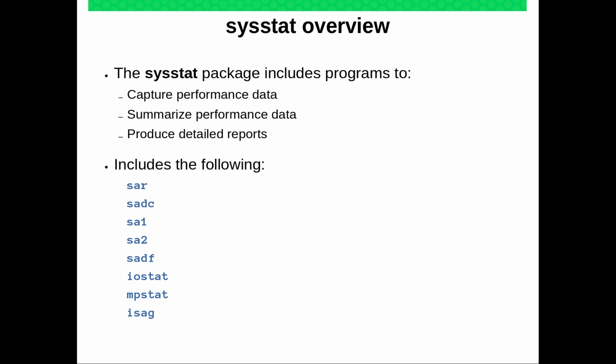And so Sysstat contains SAR, SADC, SA1, and SA2, which are very useful for tracking information, SADF for space. You've got your IOStat tools, MPStat, and ISAG. So Sysstat brings with it a bunch of tools that will be of value when iterating through the optimization process.